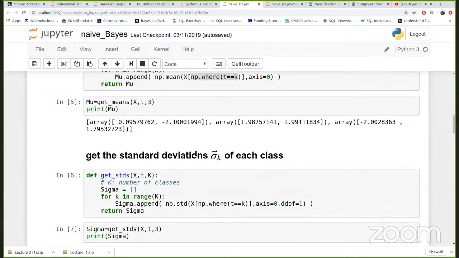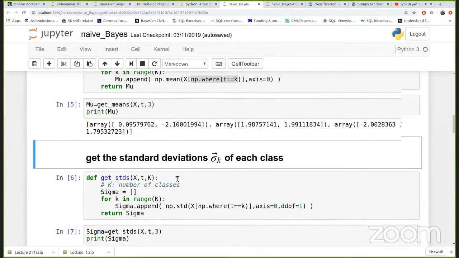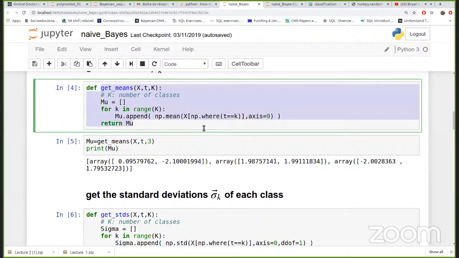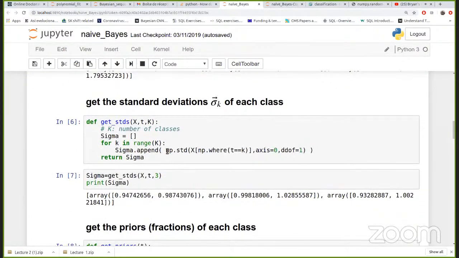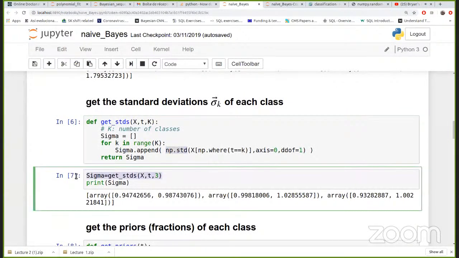Then, as a second step, I need to compute not the means, but the standard deviations of each class, because I need the Gaussians for each class. I do exactly the same as for the means, but instead of storing the mean, I store the standard deviations. When I do this for the data set, I obtain 3 sets of standard deviations. Remember that conditional independence means there is no covariance matrix here, only a variance for each dimension.